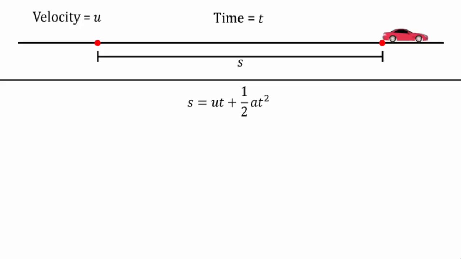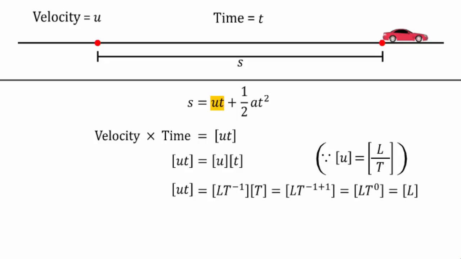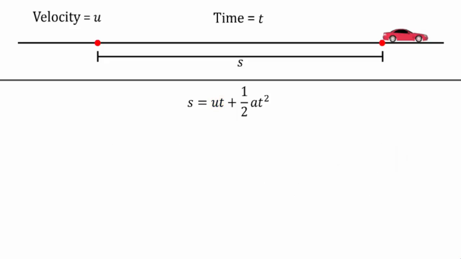In this case, in the first term, it is the product of velocity and time. The product of the dimensions of these quantities is L T power minus 1 into T, as shown. On simplification, we get L. The second term on the right-hand side of the equation is half at square.